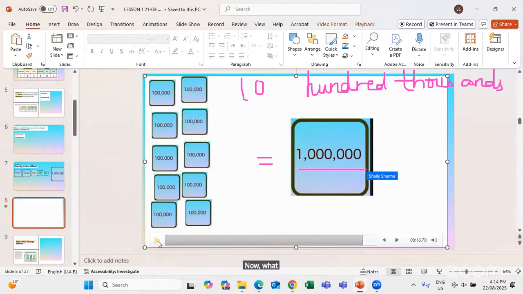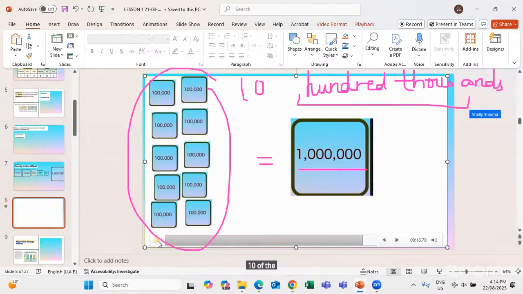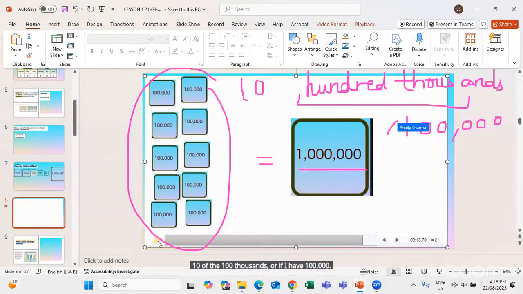Now, what is this number? This is 1 million. So if I have 100,000 and I take 10 times of it, what is it going to give me? 1 million.